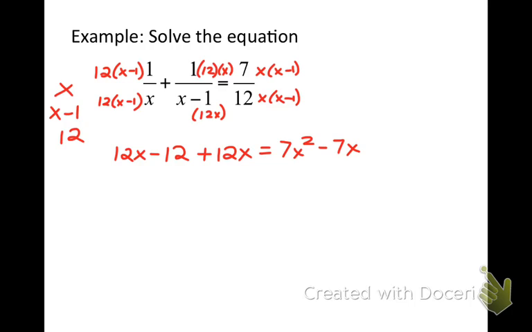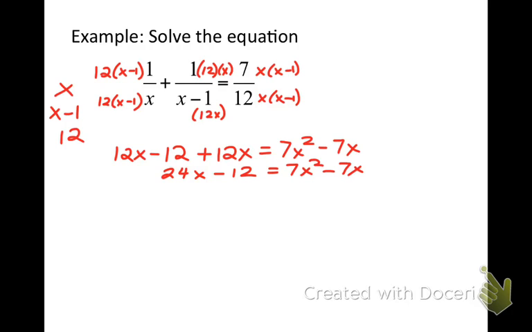So now we have an x squared term, which means we have a quadratic term, which means we're going to have to solve a quadratic equation, which we are now masters of. Because my x squared term is positive here, let's move everything over to that side. This 12x and this 12x would combine to make what? 24x minus 12 equals 7x squared minus 7x.